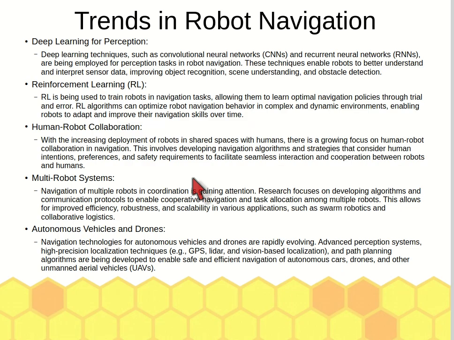So that means human and robot have to collaborate to solve a navigation problem, and also navigation on a multi-robot system. So for example, swarm robotic and autonomous vehicle and drone. These are some of the areas where navigation technology is becoming more important.